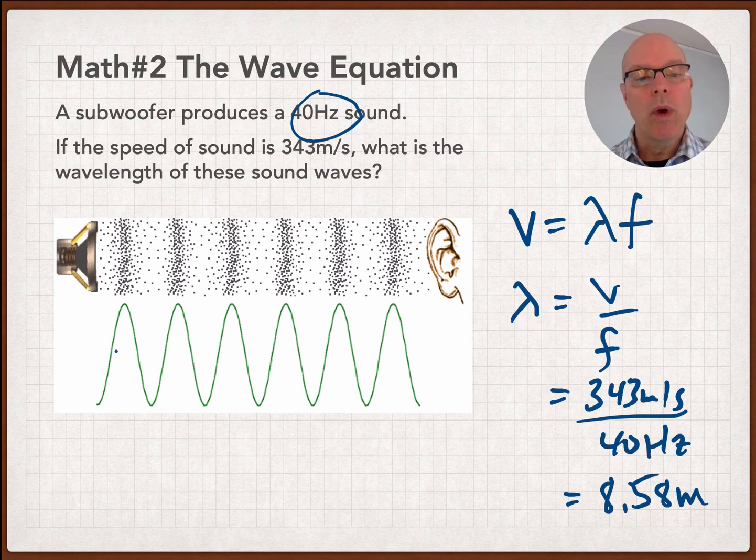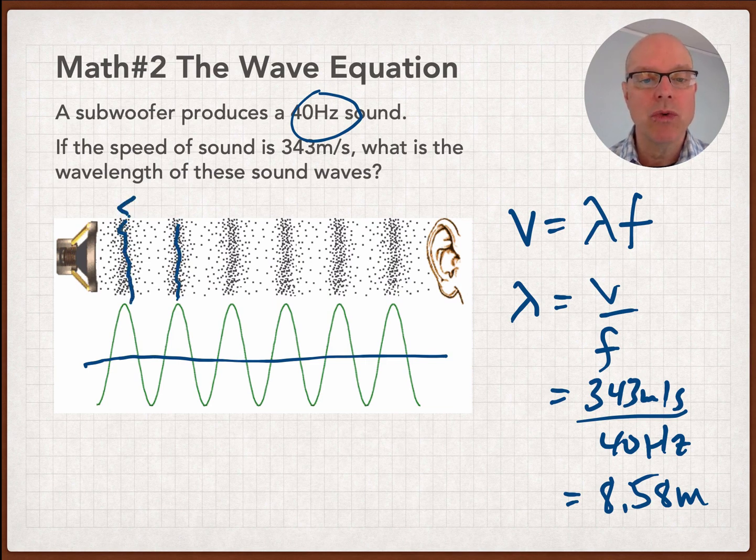When you look at this graph, you're really seeing what sound actually is. We've got areas of compression right here, and the distance between those for this wave is going to be around 8.6 meters. So the distance between compressions is the 8.6 meter wavelength. That's an area of high pressure.